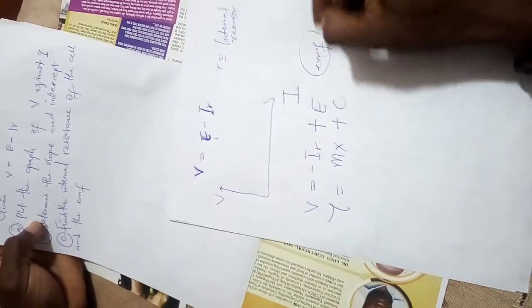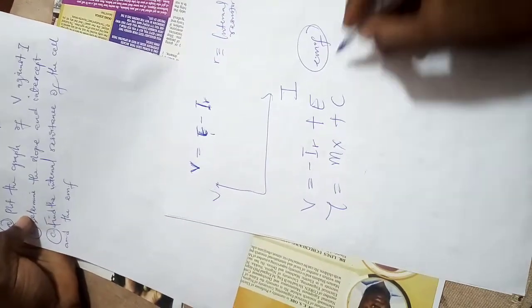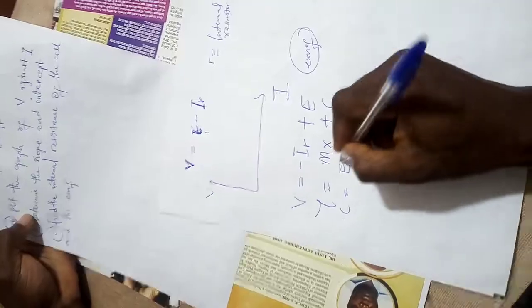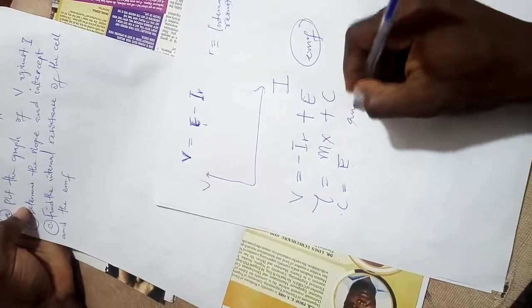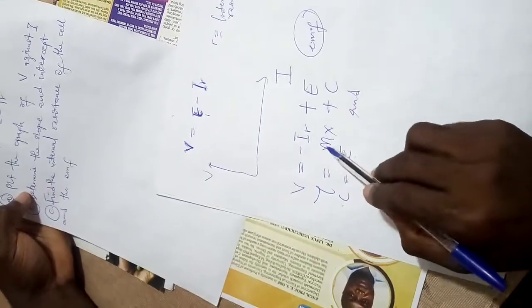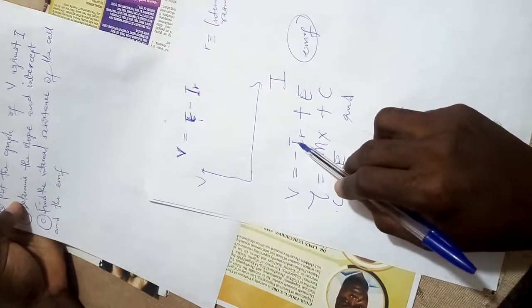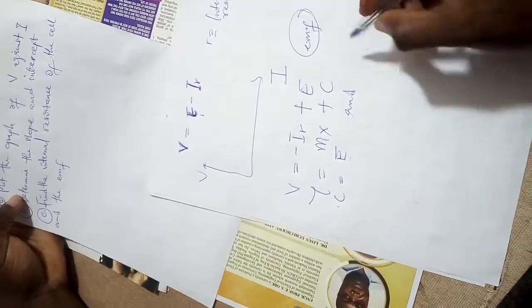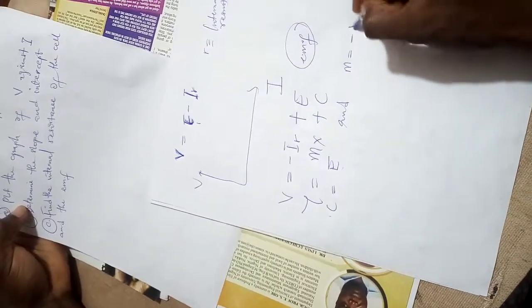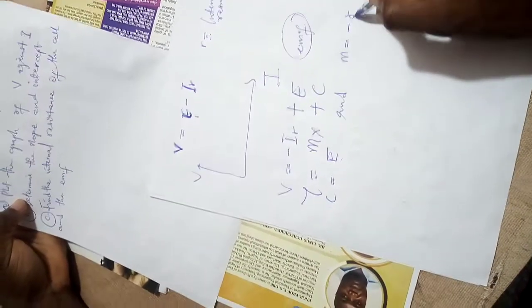So our intercept is clearly the EMF, and from here our x is strictly I, the current. Then our slope will be equal to minus R, which is the negative of the internal resistance.